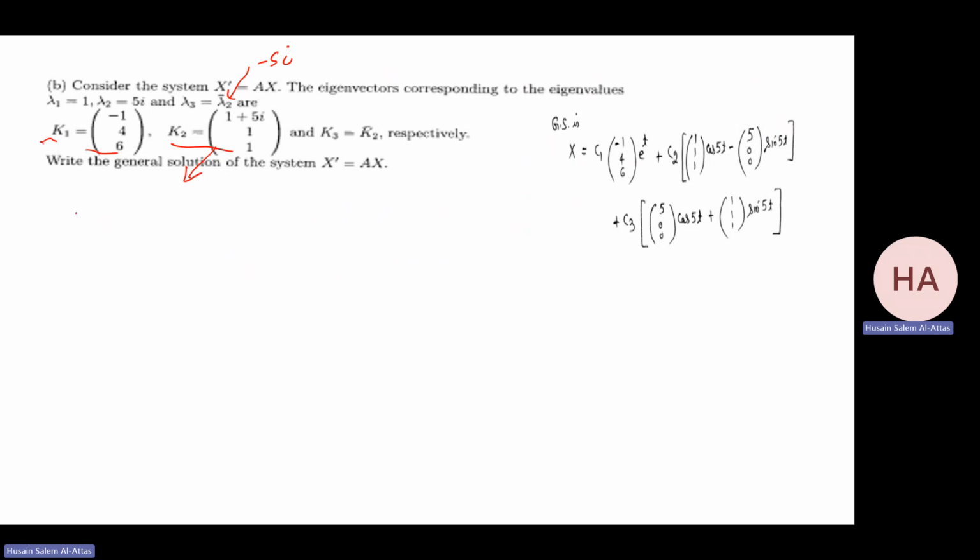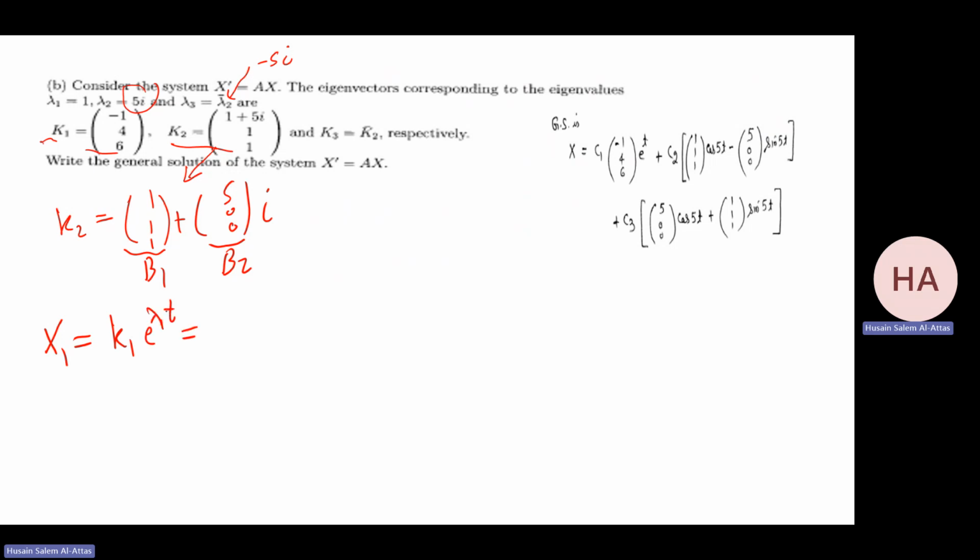Now from this, I have K2, because this is for the positive ones. This is what I'm looking for: 1, 1, 1 plus 5, 0, 0 i. So this is B1 and this is B2. So my first solution is K1 e to the power lambda 1 t. X2 will be what?